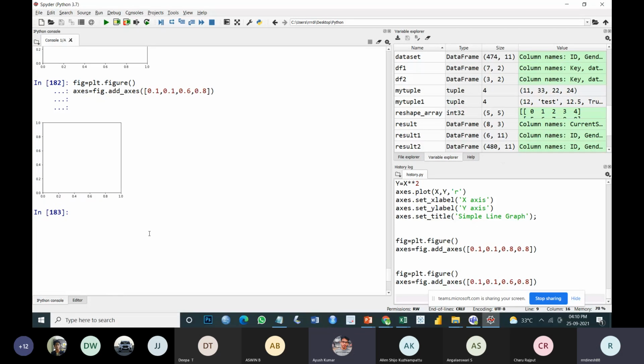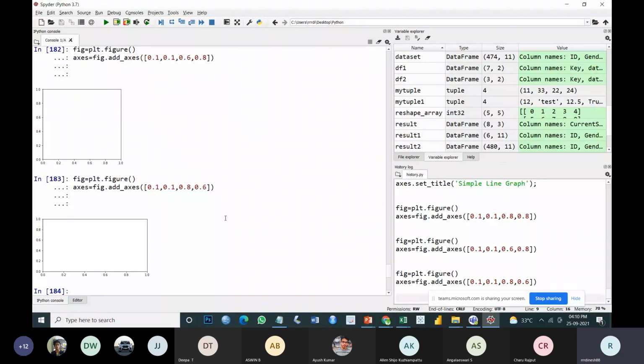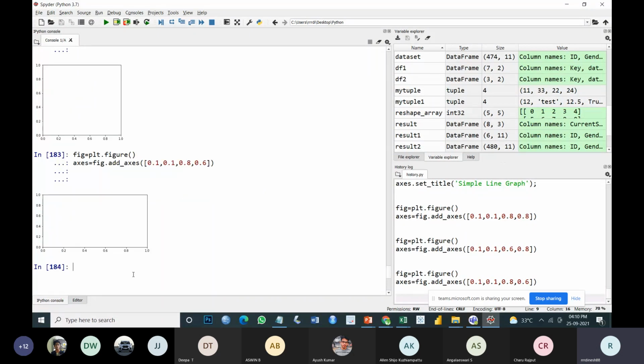If you want to adjust the height, we can change the y-axis value. Now here I change it to 0.6. If you execute, the height gets decreased and the width remains the same. So that is the value for the first two lines.